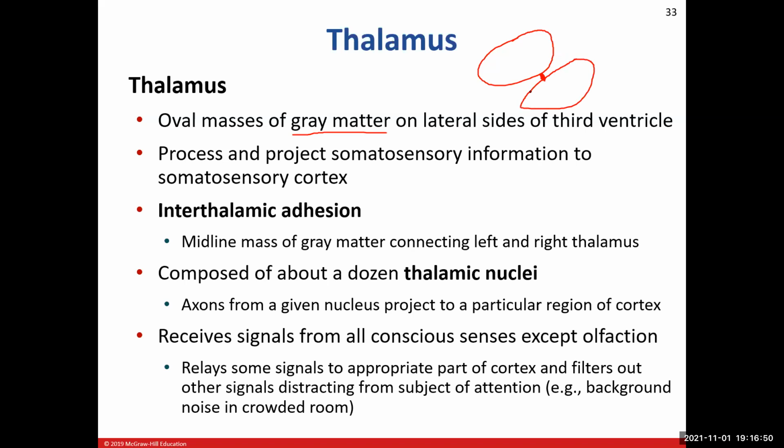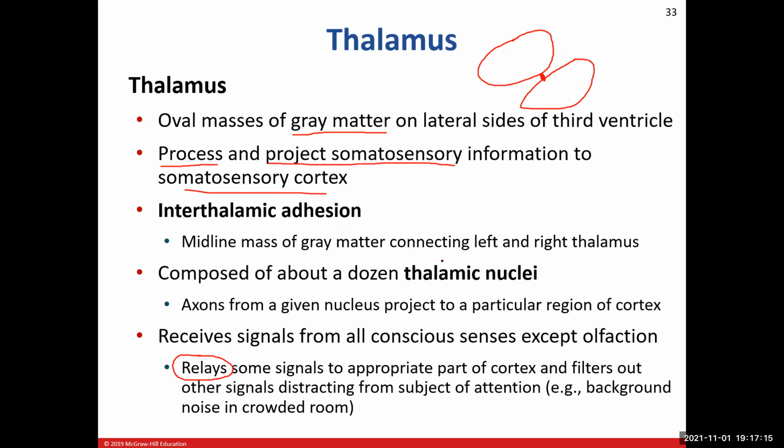But the thalamus is where we are going to see the processing of certain sensory information, but also we're going to see the projection of that somatosensory information to the somatosensory cortex. So you should be thinking of the thalamus as a relay center.